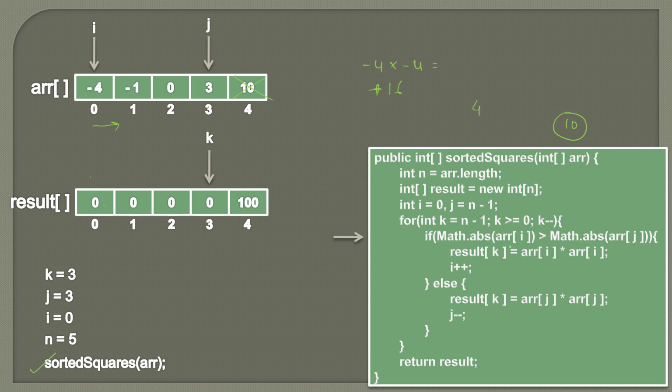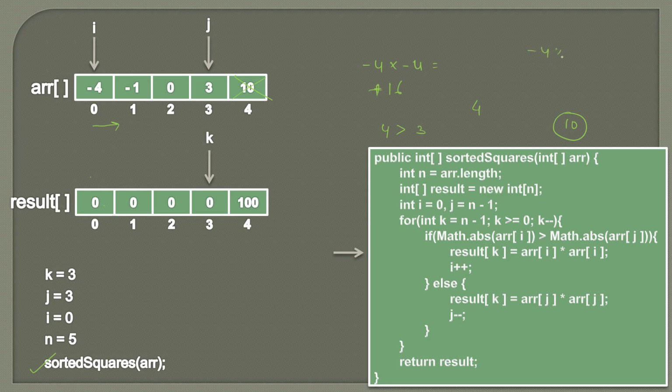So here math.absolute of array of I will be 4 and math.absolute of array of j will be 3 only. So 4 is greater than 3. So this condition comes out to be true. So we simply assign the square of this value -4 into the result array at kth index.